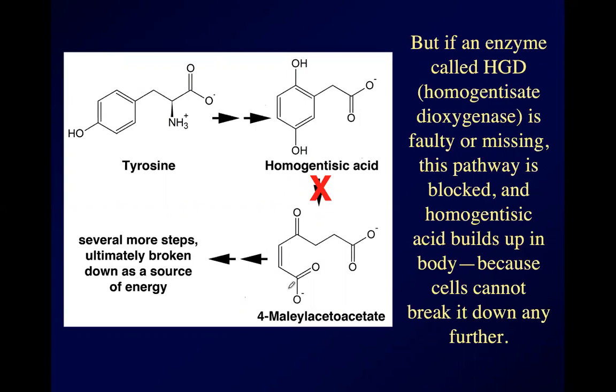Your body does its best to shovel out the excess, so a lot of it gets excreted by your kidneys, and that's the stuff that makes your pee turn black. But your body's not able to excrete all of it, so homogentisic acid gets built up in the skin, which can make parts of your skin turn gray, and it builds up in your cartilage, which gives you severe arthritis at a pretty early age.